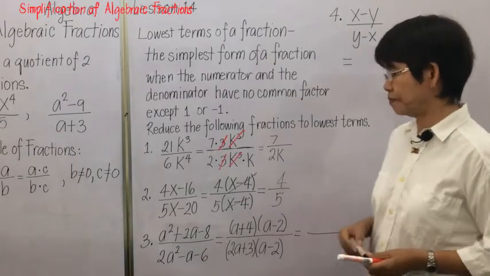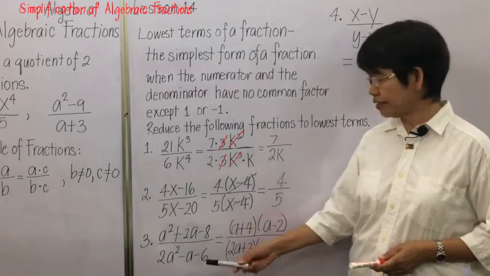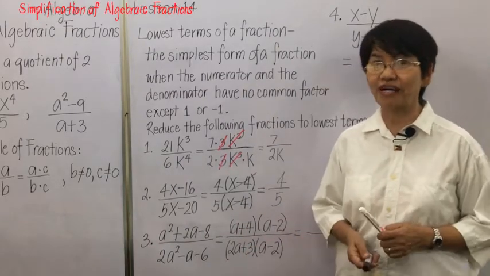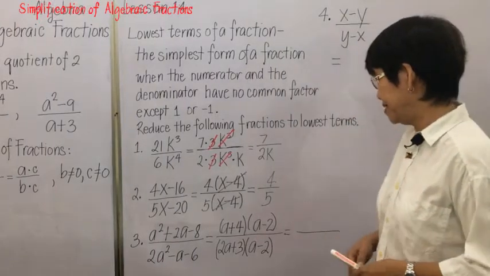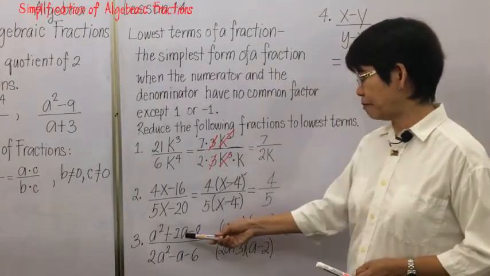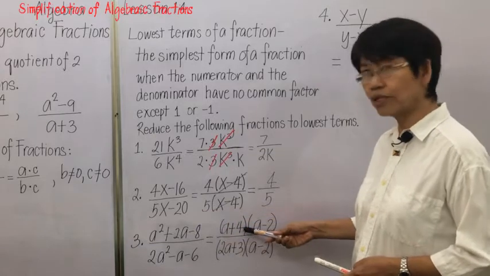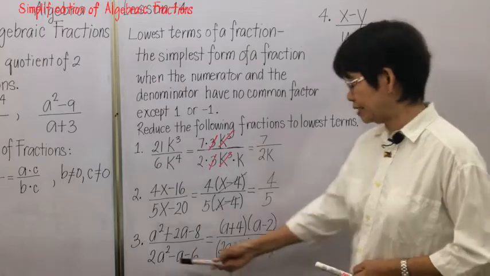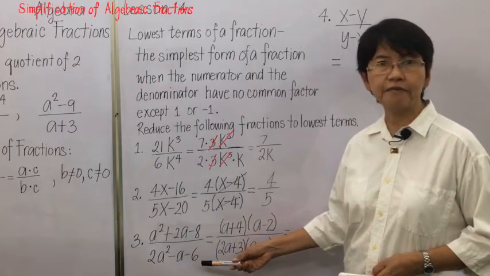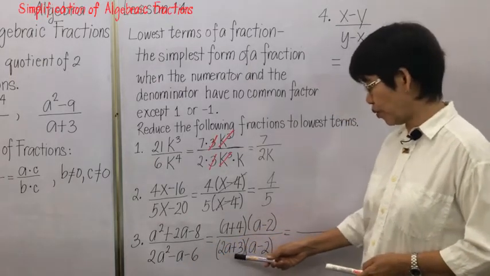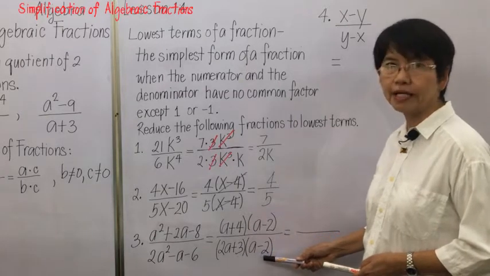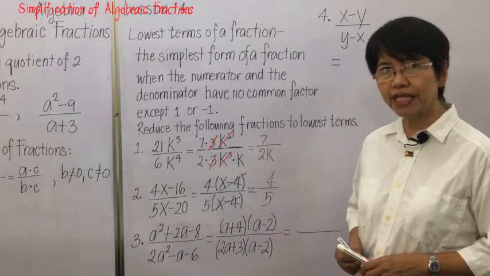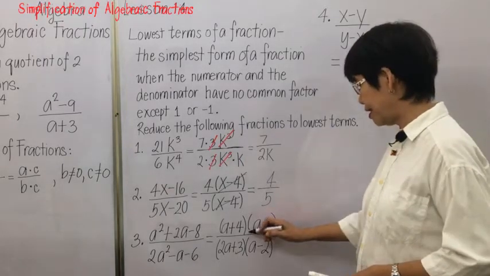And number 3, both numerator and denominator are factorable, and we can use our factoring methods in this case. We have a squared plus 2a minus 8 is equal to a plus 4 times a minus 2, and 2a squared minus a minus 6 is equal to 2a plus 3 times a minus 2. We see that the common factor between the numerator and the denominator is a minus 2.